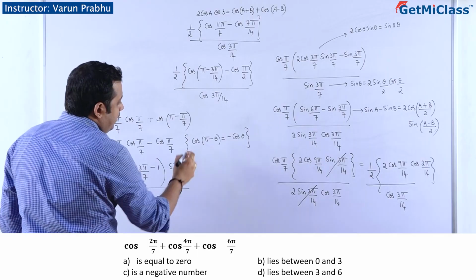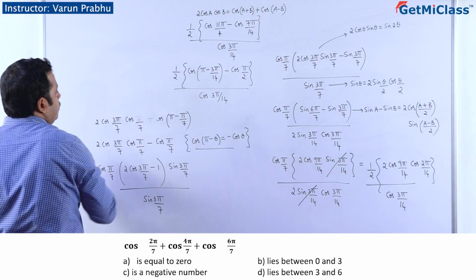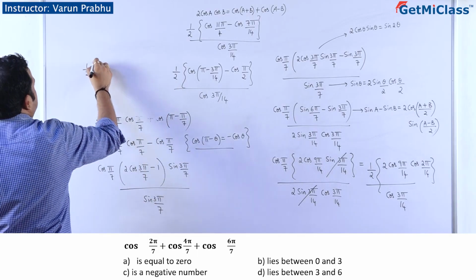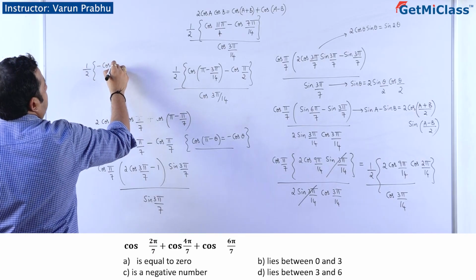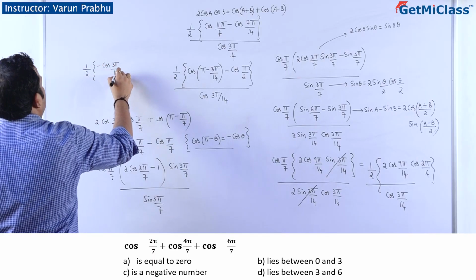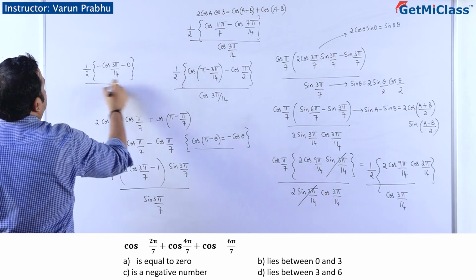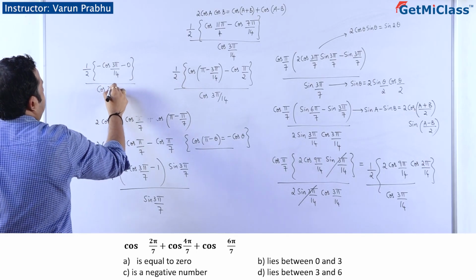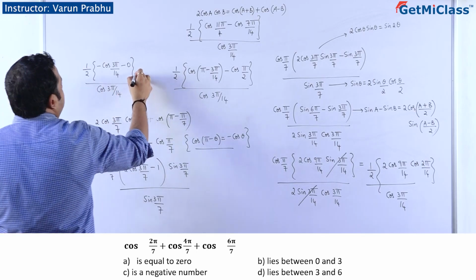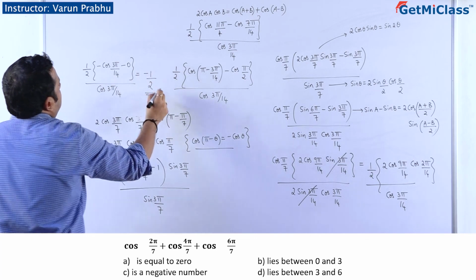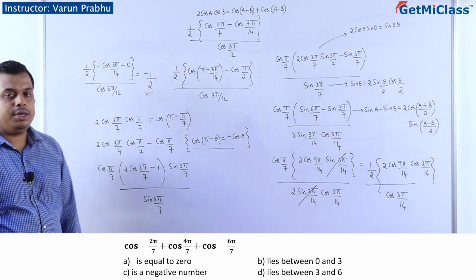Cos of pi minus theta, I've told you, is minus cos theta. So your answer to the question will be half times minus cos 3 pi by 14 minus of 0, divided by cos of 3 pi by 14. So your answer to the question will be equal to minus half. This is a very, very important question, mark it.